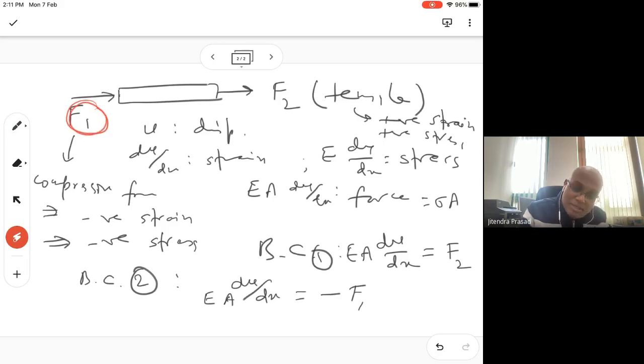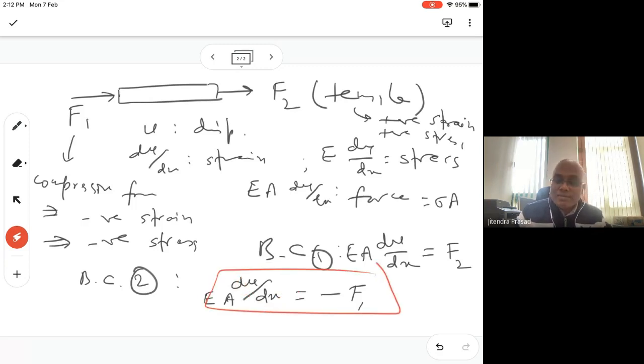F1 is the magnitude of the force, which is being applied in the x direction. However, when we write the boundary condition, we have to write minus F1. Why? Because the boundary condition you are giving is to the strain, although you are multiplying with EA, you are actually giving the boundary condition to a strain only. This is the rate of change of displacement, and to that you are giving the boundary condition, and hence this has to be a negative number.